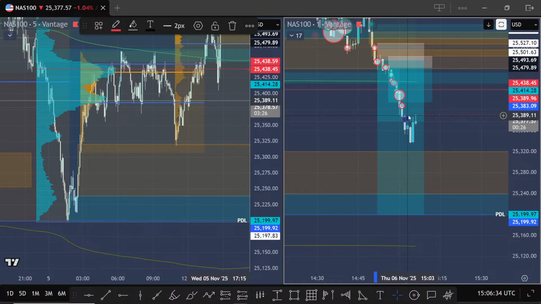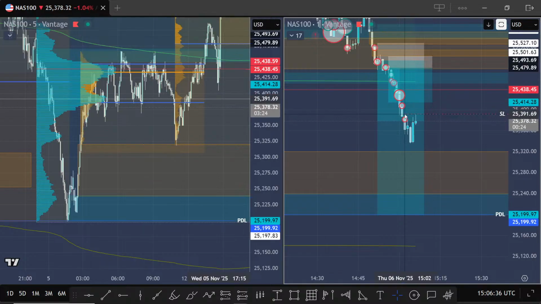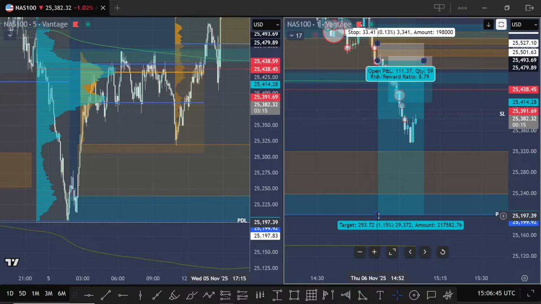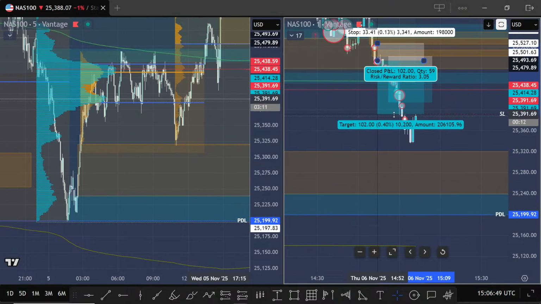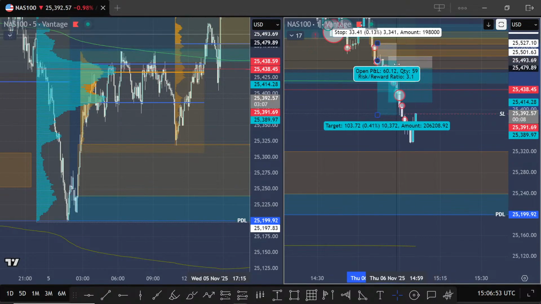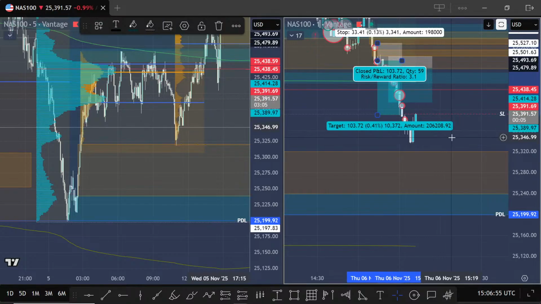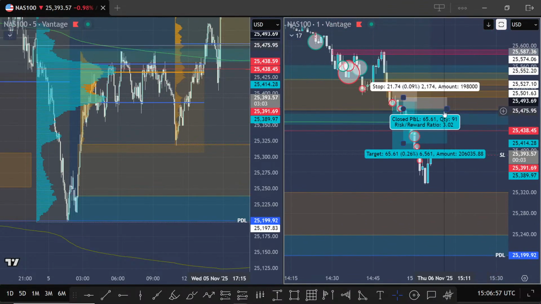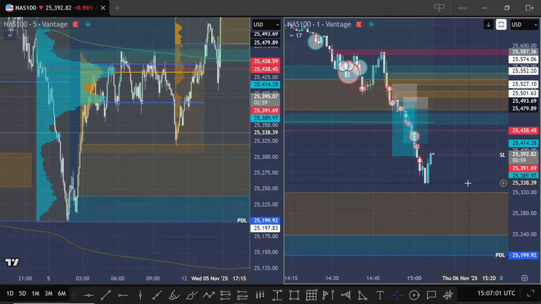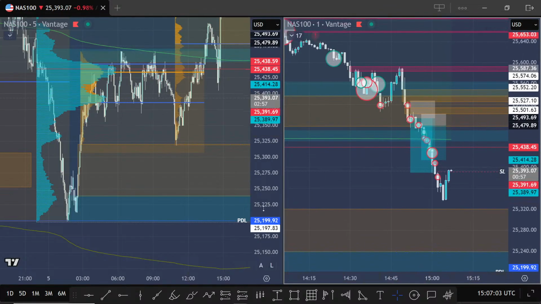I'm still in this on my MetaTrader. It's not come as high as that on my account. Maybe a matter of time, and that's fine. Yeah, that's me out now. Cool. Look at that. Two 1-to-3s in a row.